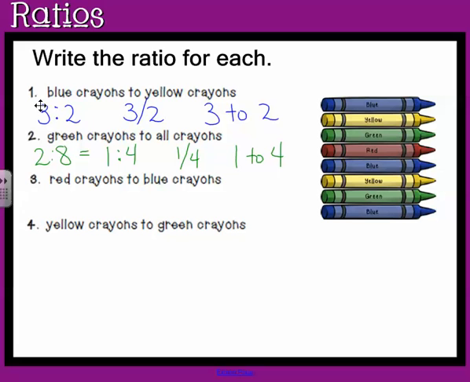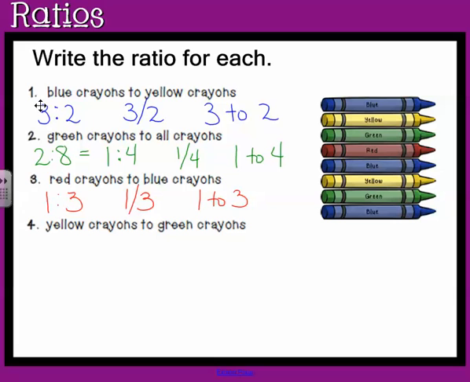In example 3, we're asked to compare red crayons to blue crayons. I see 1 crayon that is red, and again, I have 3 blue crayons. So in odds notation, this is what the ratio looks like. In fractional notation, it would look like this. In words, it would look like this.